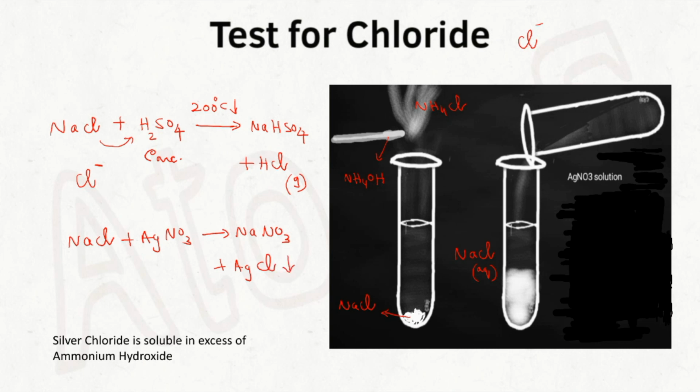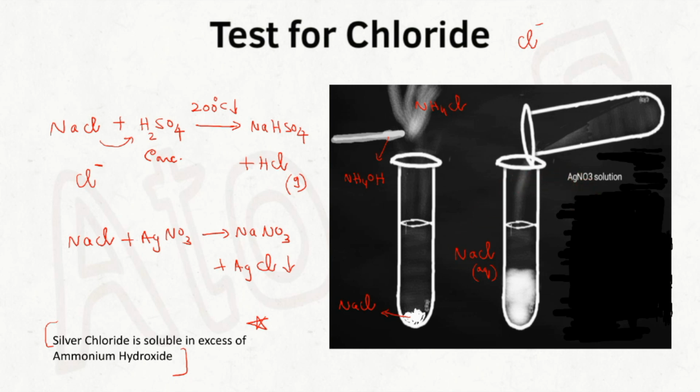There is something special about silver chloride. Silver chloride is a white precipitate that is soluble in excess of ammonium hydroxide. So this part you should remember. It is very important. Got it? So what will be the observation when an aqueous solution of chloride is reacting with silver nitrate solution?